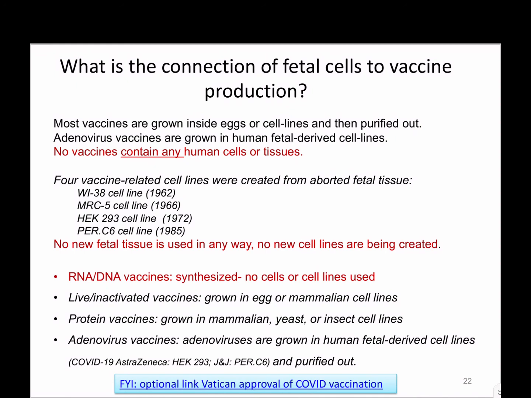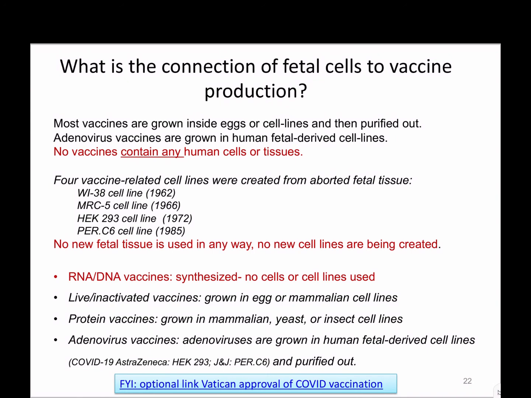So we know that these vaccines are grown inside of eggs or inside of cell lines, and then they're purified out. The protein vaccines, the live inactivated vaccines, those are grown inside eggs or insect cells or yeast or other mammalian cells that don't have anything to do with embryonic tissue. Adenovirus vaccines, however, are grown in cell lines that were derived from human fetal tissue.